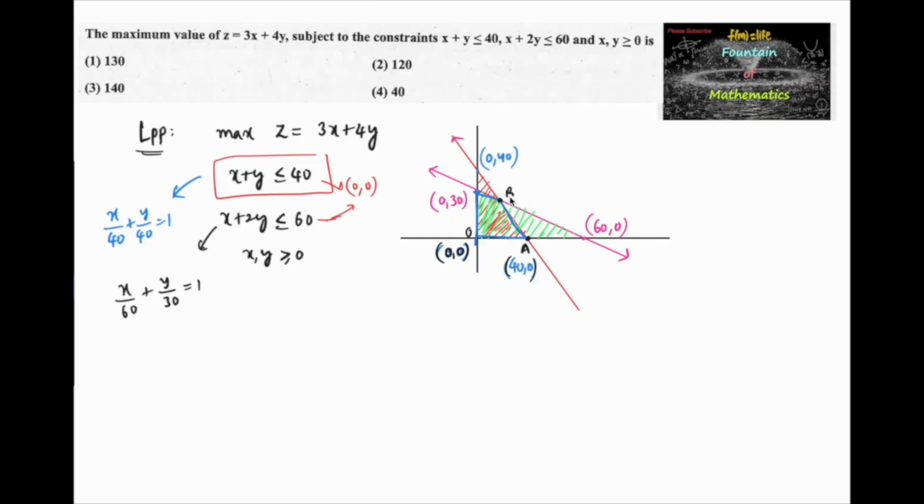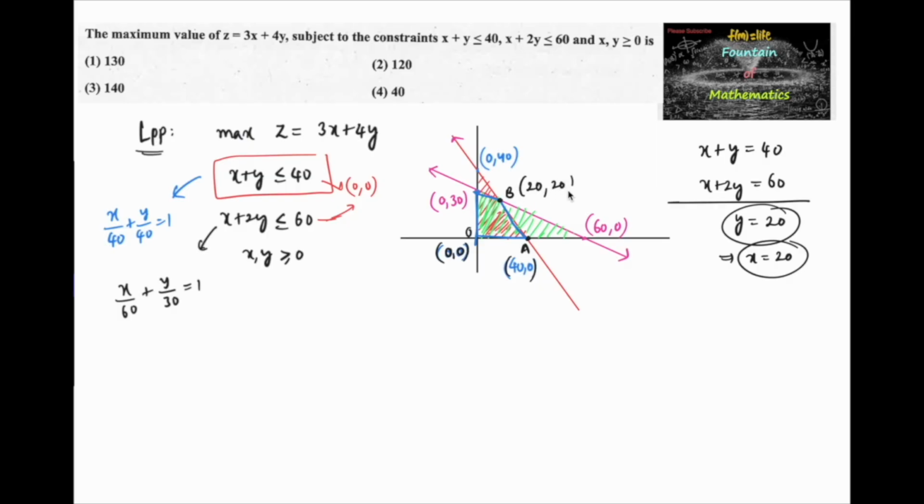and we need to find the point of intersection of these two lines. x plus y is equal to 40 and x plus 2y is equal to 60. Solving these two equations, we get y is equal to 20, which implies x is also equal to 20. So 20 comma 20 is the point, and say this point is B, and C is 0 comma 30.